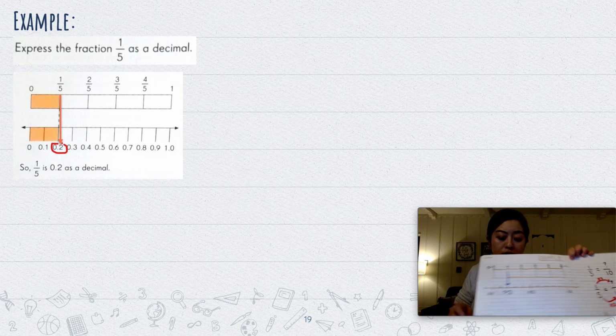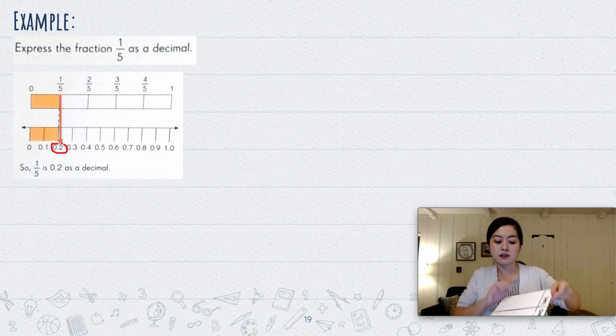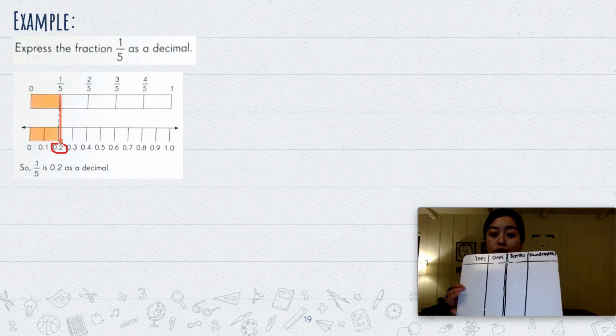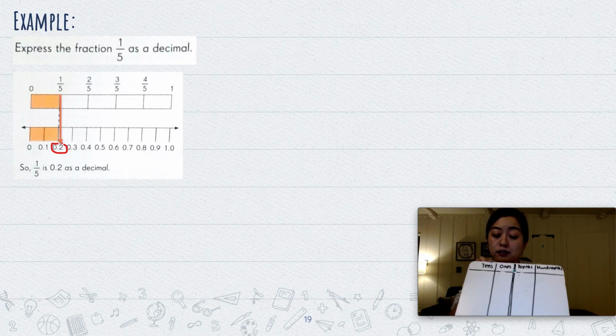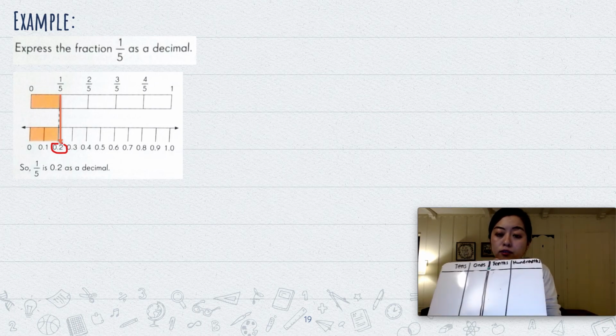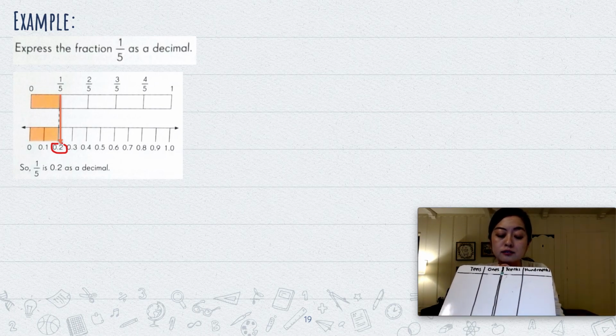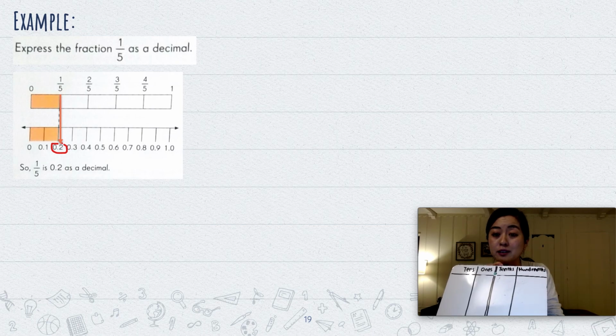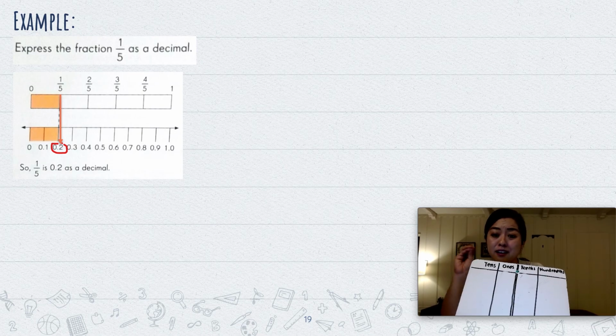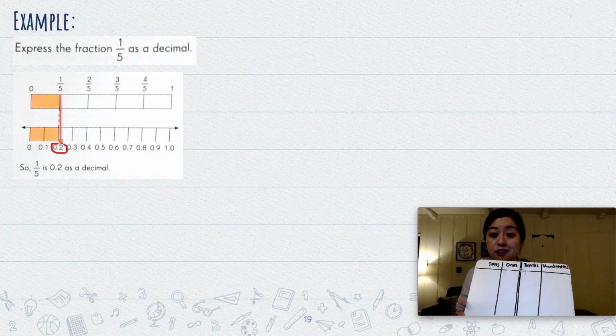When we look at our place value chart with the decimal, I know how to write decimals if my denominator is in tenths or in hundredths, right? So that means my denominator is a 10 or my denominator is 100. If I can change my fraction to have a denominator of 10 or 100, I can easily write it as a decimal.